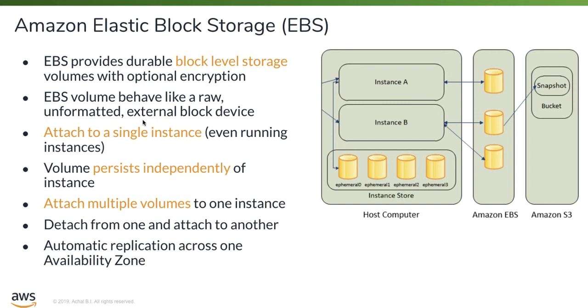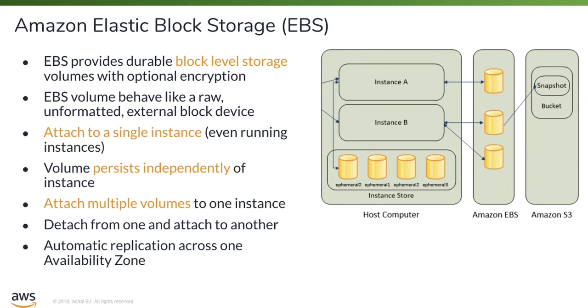You need to format them, but now I think most devices also provide a formatted option. You can attach it to a single instance only. In EFS you can attach to multiple instances, but not in EBS.